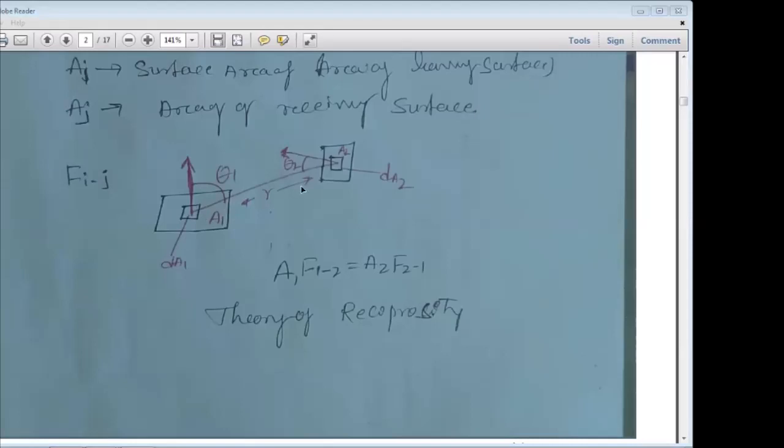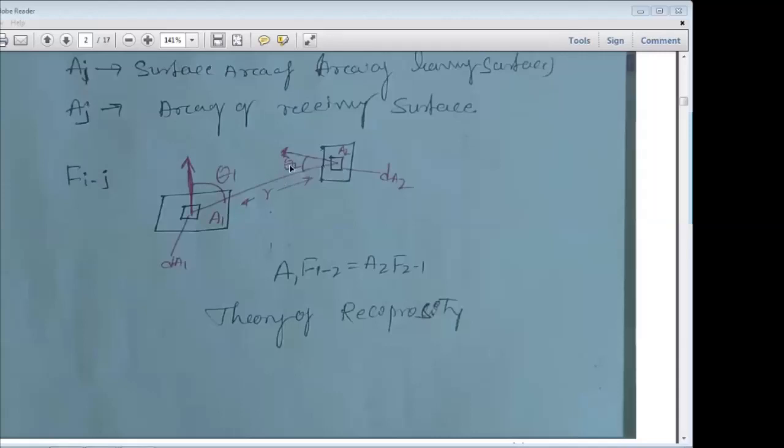This radiation will be intercepted by the area dA2. Whatever radiation is generated from this area will be intercepted by area 2, and again it will reflect at an angle of theta 2.